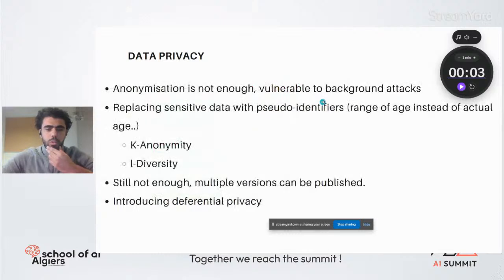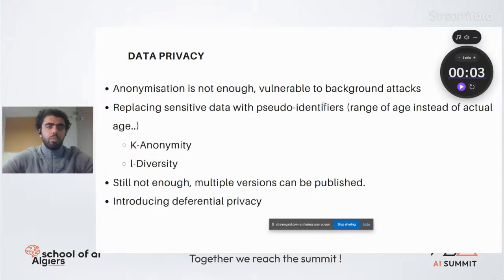Okay, so moving forward, humans have invested big effort in trying to define private data publishing techniques, or secure data publishing techniques.